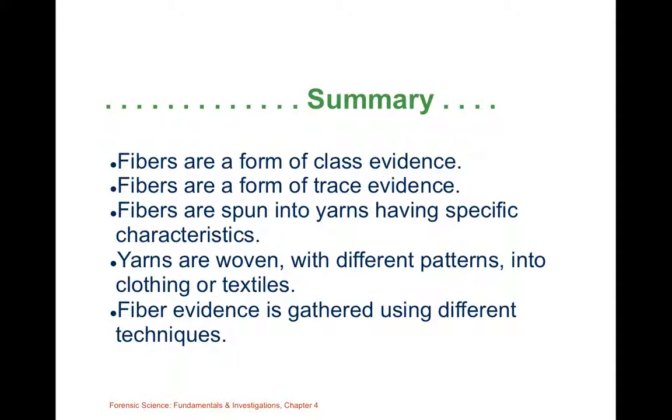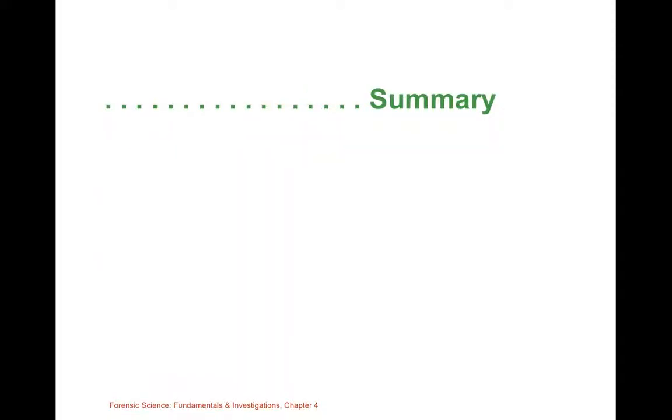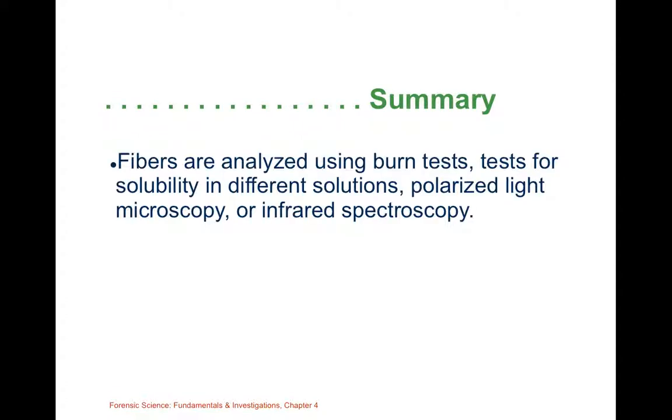Going back to those four techniques: the vacuum, sticky tape, the lint roller, and the forceps. Okay, fibers are analyzed using burn tests, solubility in different solutions, polarized light microscopy, or infrared spectroscopy.